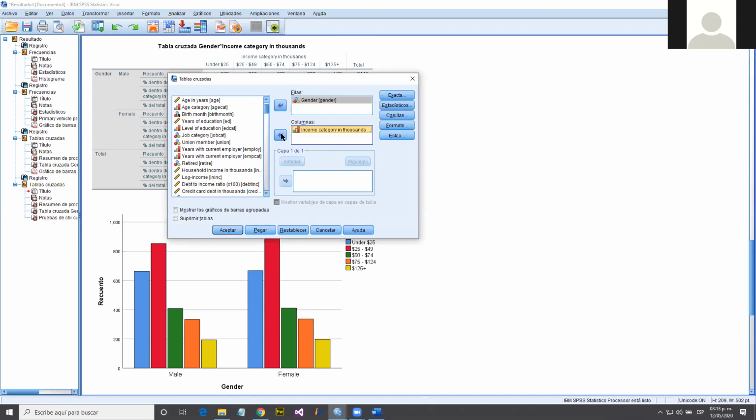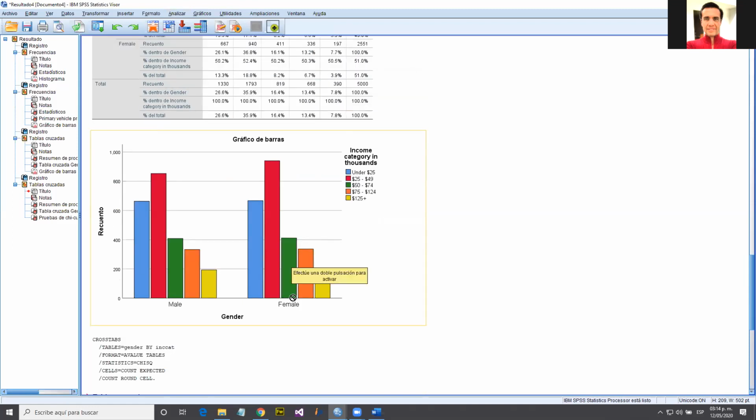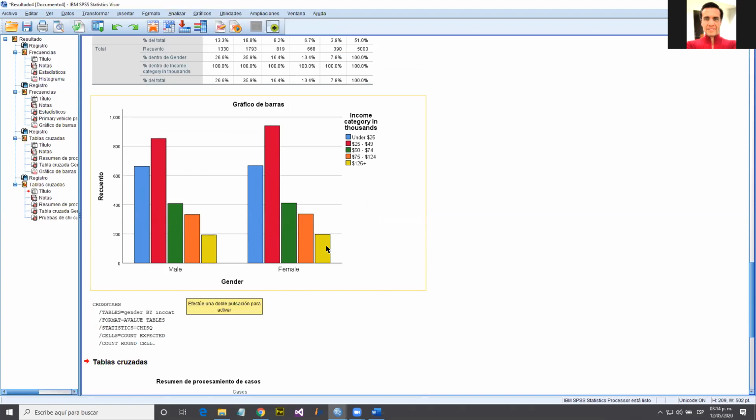Sorry, a question. You asked me before, can we put them the other way around? Yes, of course. But what is going to happen? In the chart, they are going to be the other way around. In this one, you can see in my chart that I have gender versus income.